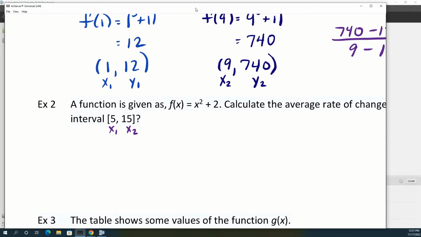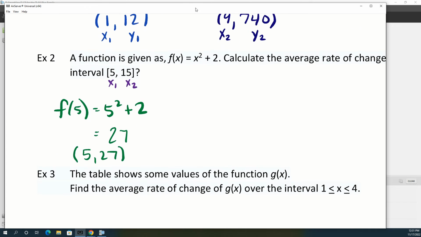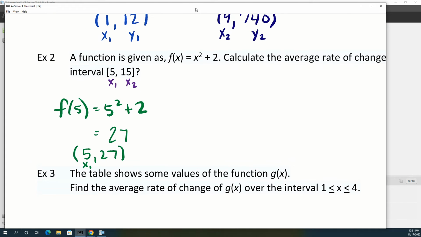So we're going to put 5 in for x. In this function, you square it and then add 2 to it, and that's going to be 27. So that's going to be the point (5, 27). X1, Y1.